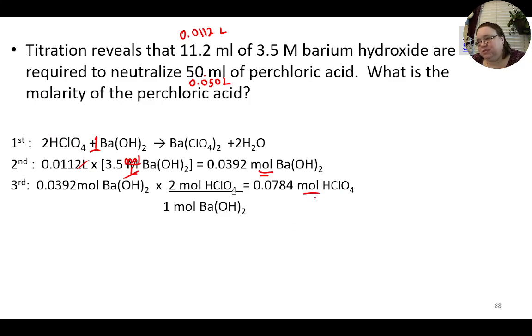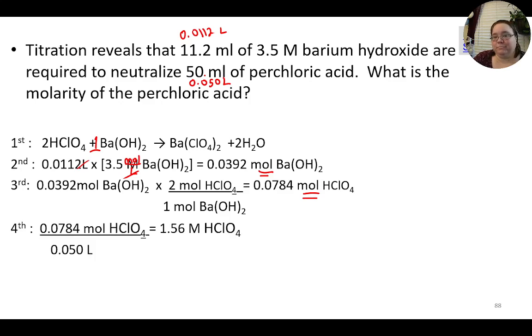Now that we know the moles of acid, we can use the moles of acid and the volume of acid to determine the molarity. So 0.0784 divided by my volume of 0.050 gives me, I may have rounded something funky, but that's fine. 1.56 molar perchloric acid solution.